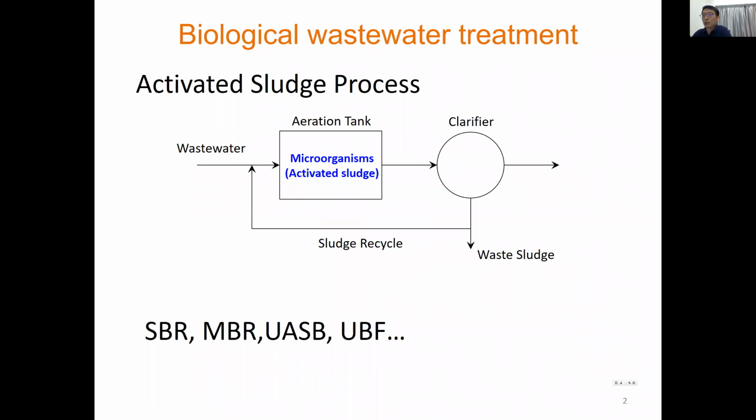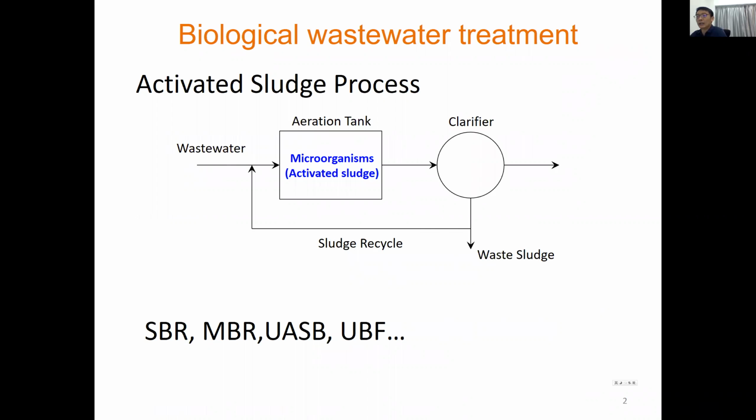So first of all, let me briefly introduce the biological wastewater treatment process. I guess maybe all of you already know about the activated sludge process. This diagram shows the very traditional activated sludge process, which was invented, I think, more than 100 years ago.